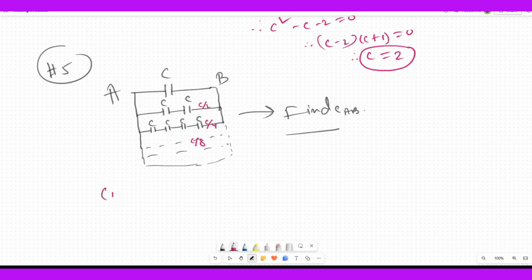So C equivalent, C_AB, is C plus C by 2, C by 4, C by 8 up to infinity.